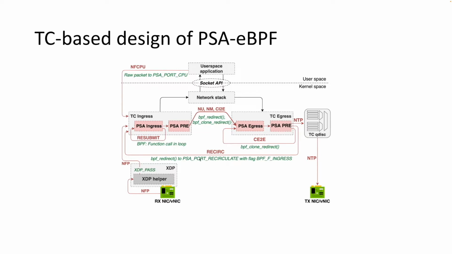The packet recirculation path is done by calling BPF redirect helper to one of the recirculation ports with a special flag, which is called BPF ingress, that tells the Linux kernel to start processing from the ingress pipeline. Finally, a user space application can inject packets to the data plane by sending it to the PSA port CPU, which is a special port attached to the PSA eBPF pipeline.